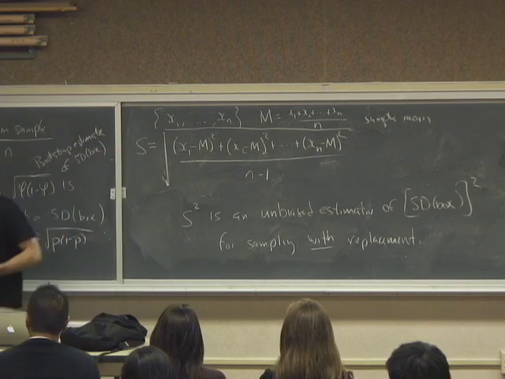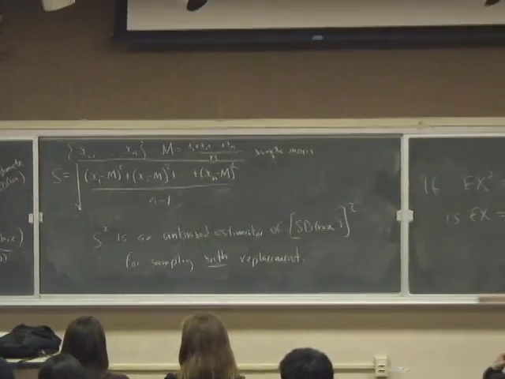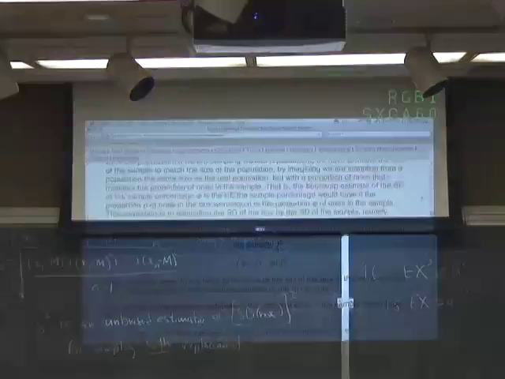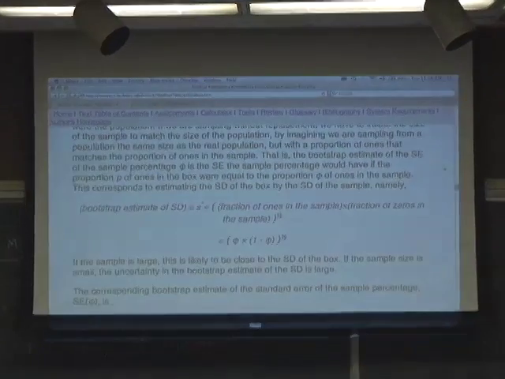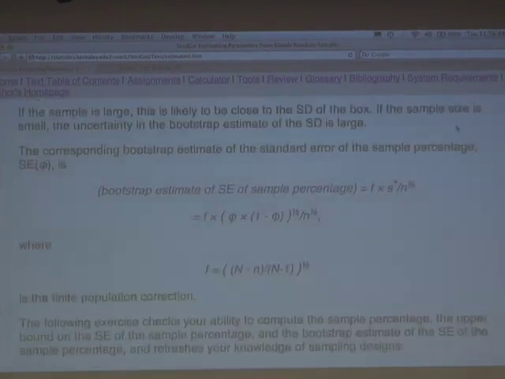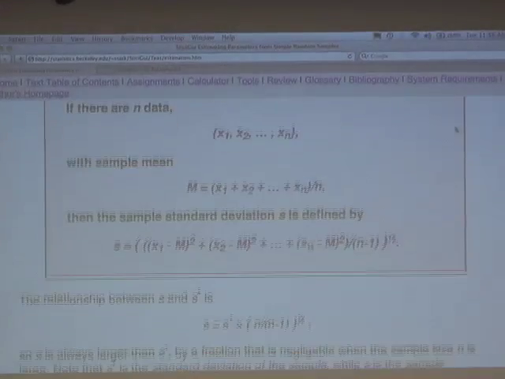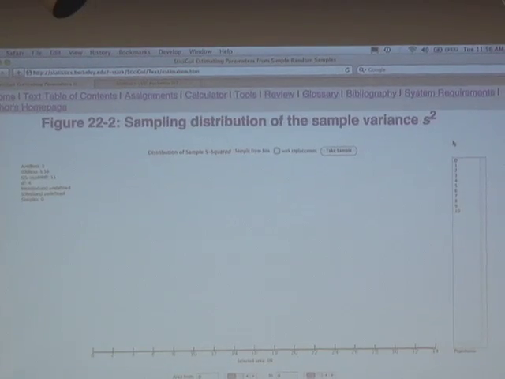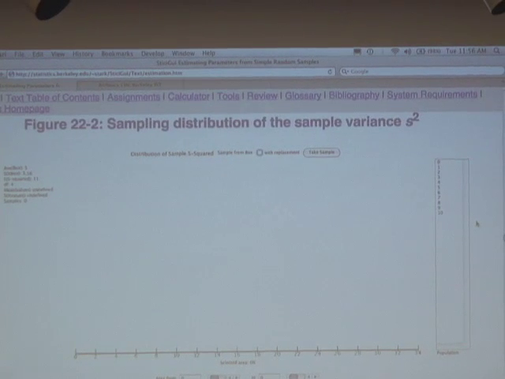So let's do a little simulation here. S squared is called the sample variance.